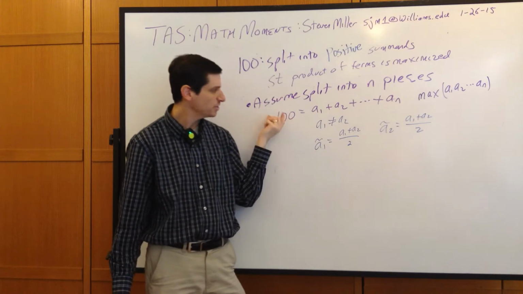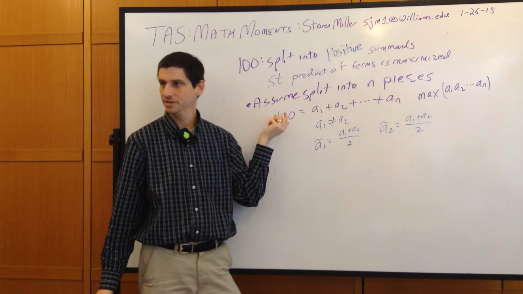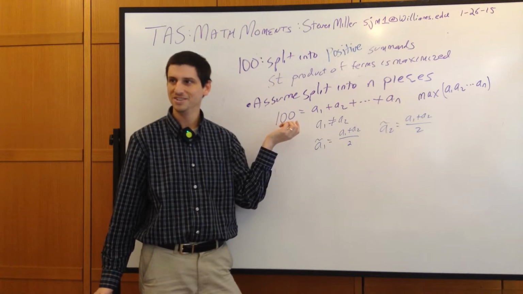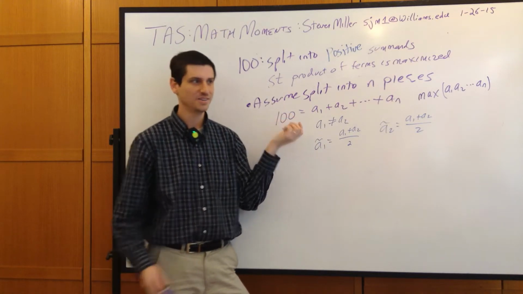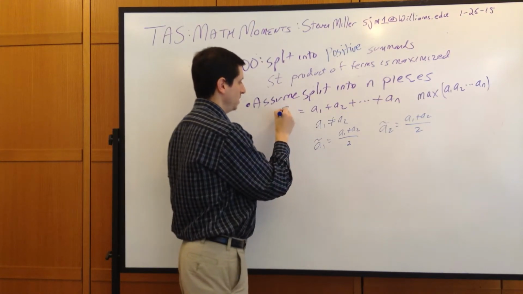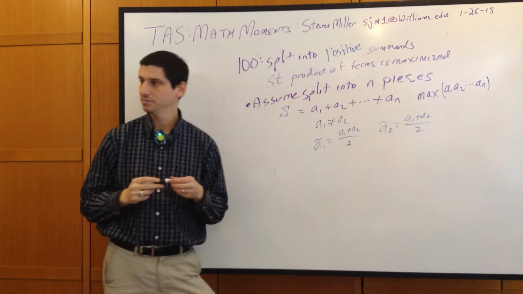Is there anything special about 100? Could I have done it for 101? 102? Square root of pi? We could replace 100 with just any old number s, for our sum.